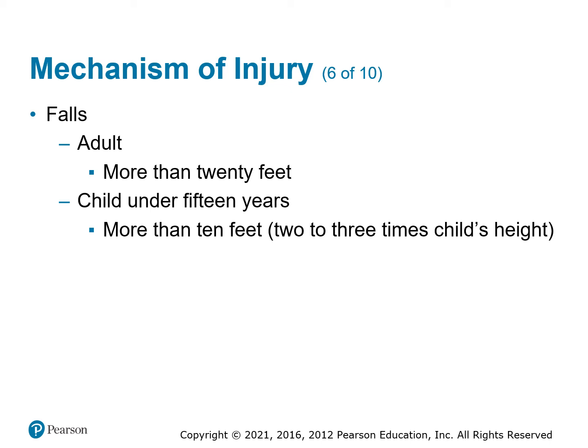Head first, feet first, back first, chest first is going to indicate different injury patterns for that patient. Sometimes it's hard to judge that because by the time you get there, they're on the ground. If nobody witnessed it, you're not going to know how they fell. But use your resources, talk to people, try to get information that you can to help narrow down in your assessment process what you're looking for.